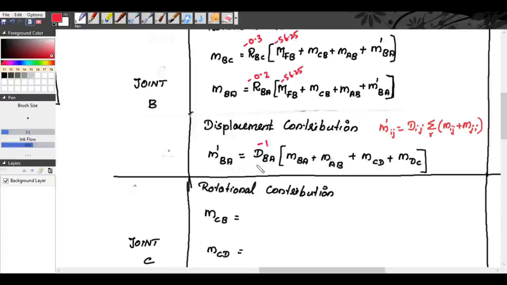Mij means the first column, MBA plus MAB, and Mji means the second column, that is MCD plus MDC. R means the story, so sigma R means the displacements of all the columns corresponding to this story.